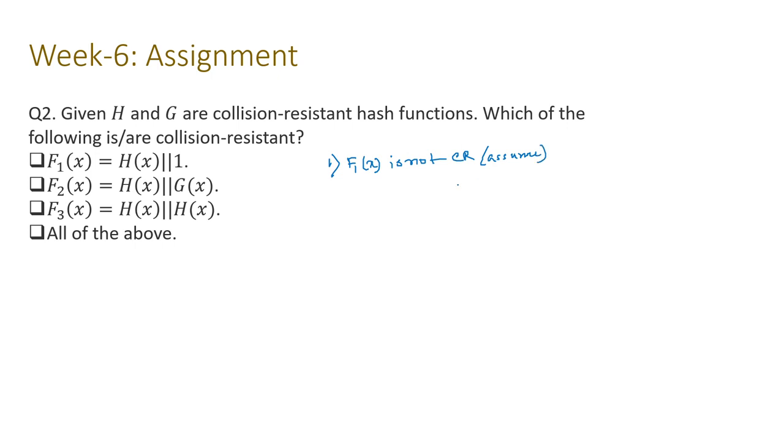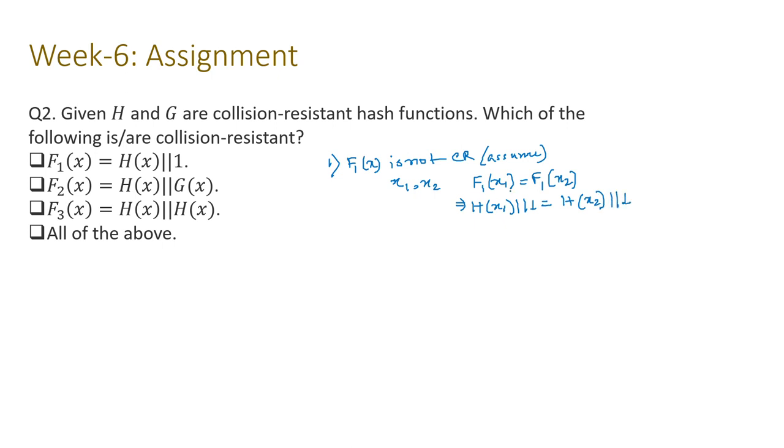So if this is the case, then it is easy to find two inputs x1 and x2 such that f1 of x1 is equal to f1 of x2, and that would imply h of x1 concatenated with 1 is equal to h of x2 concatenated with 1.